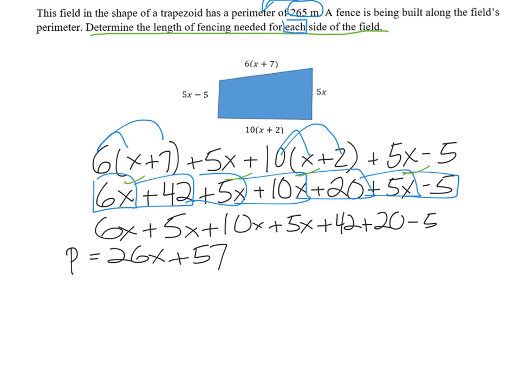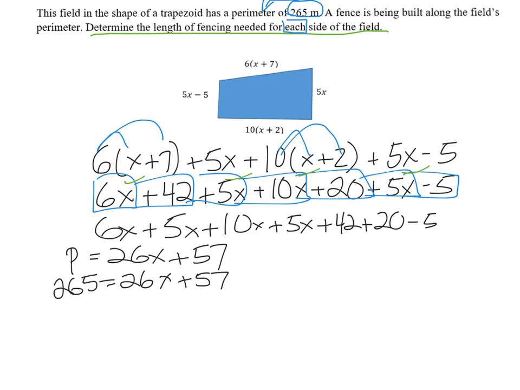So with the simplified expression for the trapezoid, I can now take the 265 that I got in the question, and I can substitute it in for the perimeter. Okay, so the perimeter here. So I'm doing 265 equals 26x plus 57.